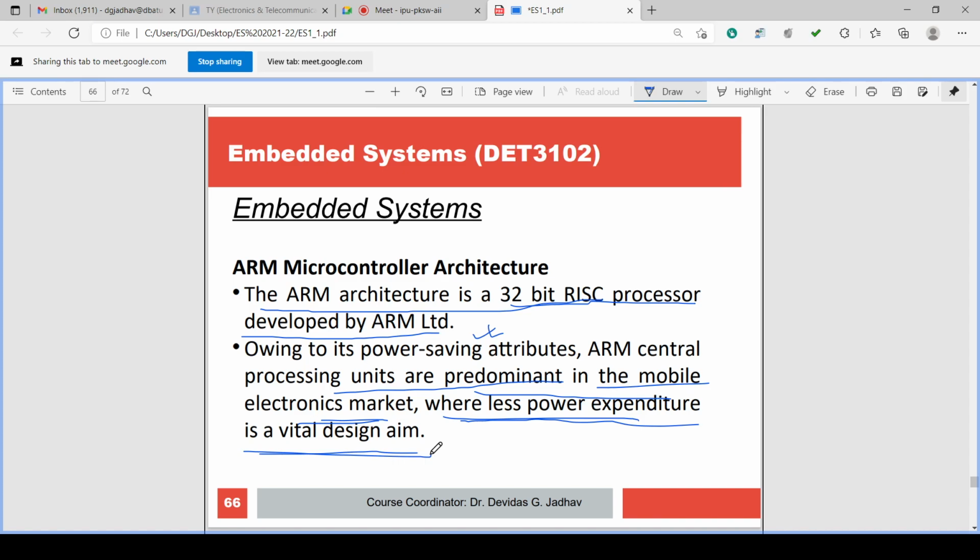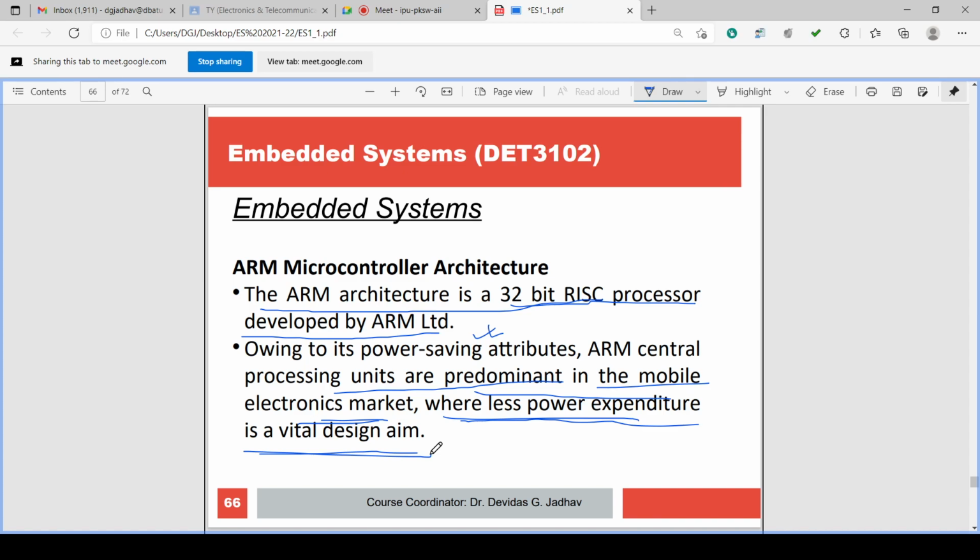Mobile phone is one of the mobile devices; other portable, handy devices are there too.